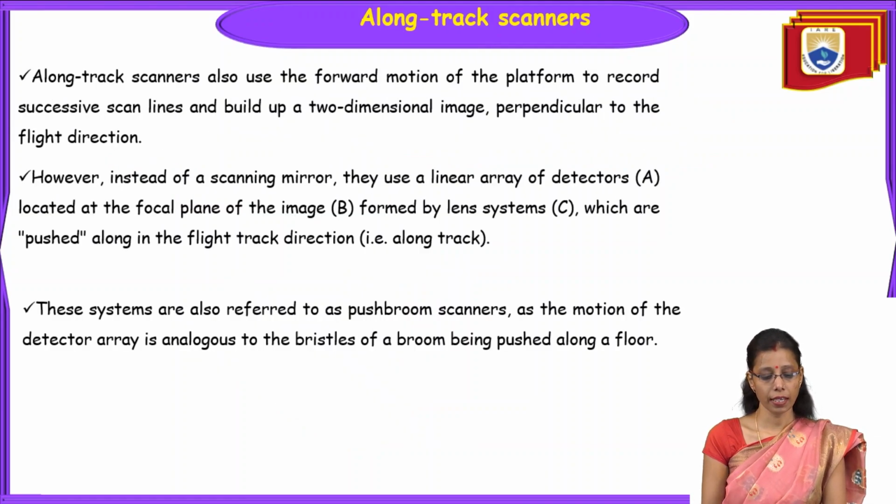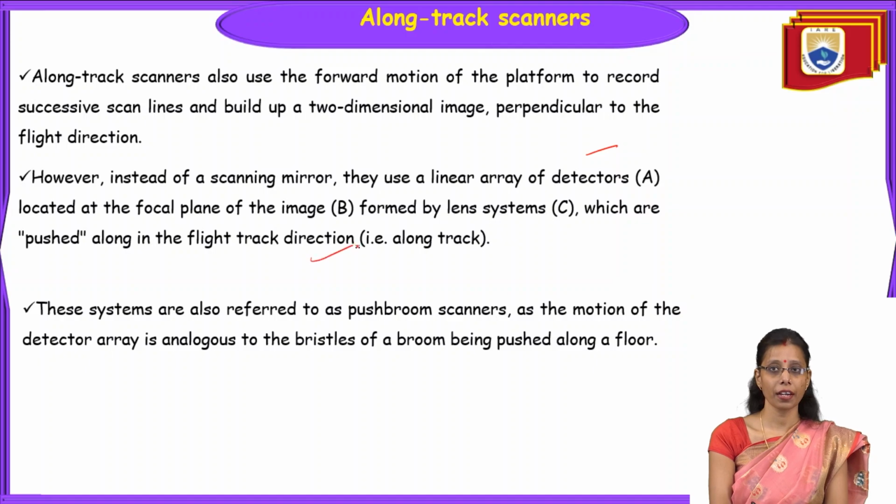Now along the track scanners also use the forward motion of the platform to record successive scan lines and build up a two-dimensional image perpendicular to the flight direction. However, instead of a scanning mirror, they use a linear array of detectors located at the focal plane of the image formed by the lens system, which are pushed along in the flight track direction.